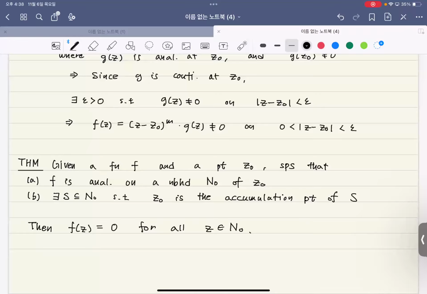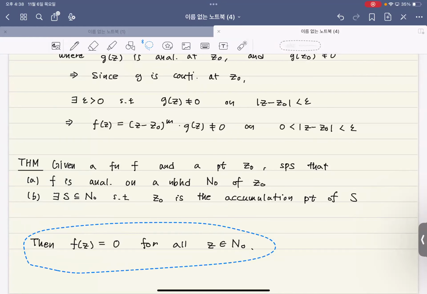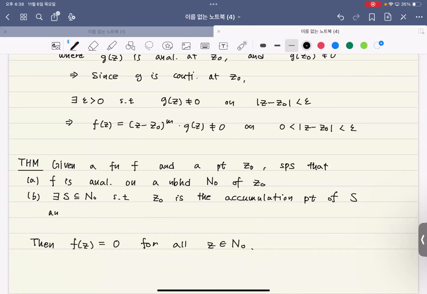So that implies, if z0 is an accumulation point of S... my bad, sorry.